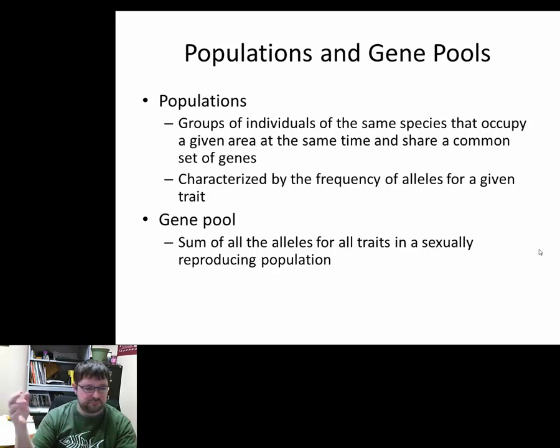So say you're studying a population of elk, examining what we call Rocky Mountain elk, and then maybe Pacific Northwest elk. Now, these are the same species. Depending on who you talk to, they might be different subspecies, but nonetheless, they're the same species. They occupy different regions. They're two different populations.